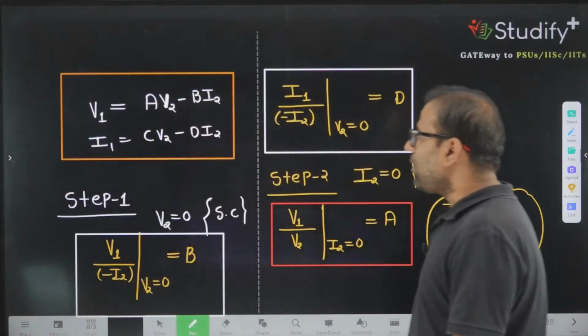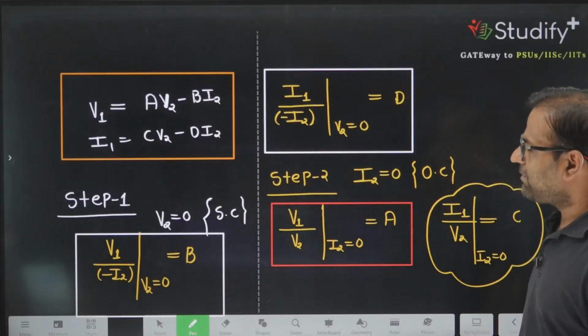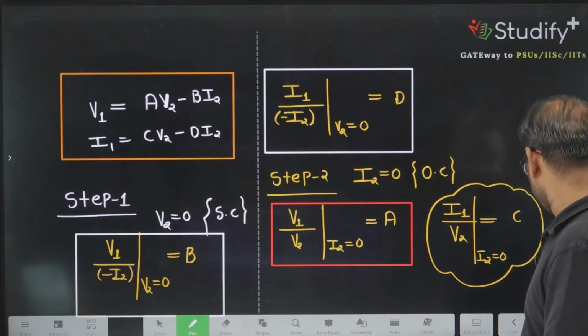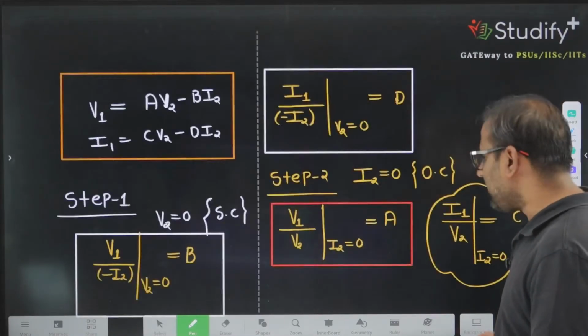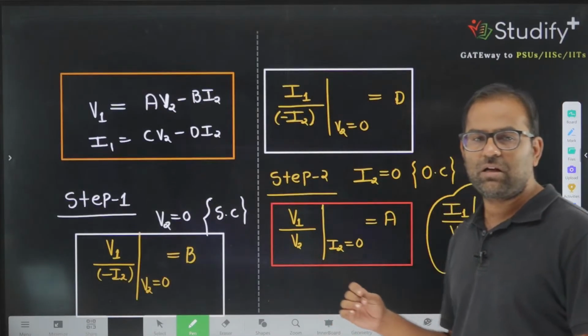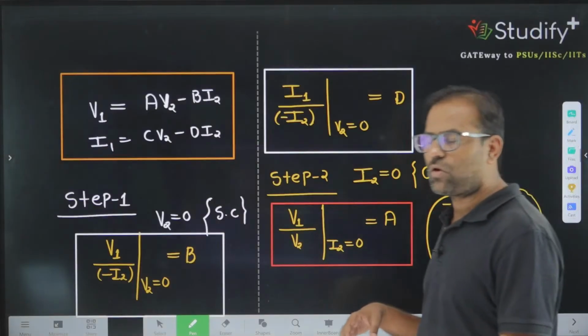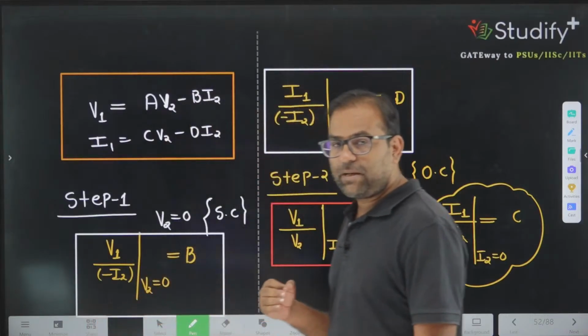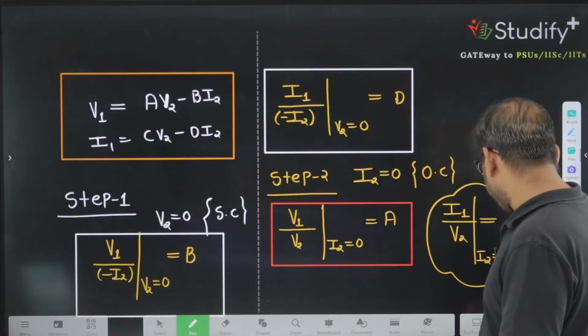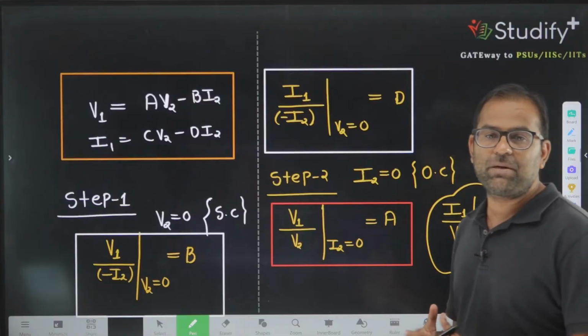Now, how can you define these? In this case, you are replacing your output by an open circuited and a short circuited output, and you are calculating these parameters. How are these parameters related to the Z parameter or Y parameter or H parameter?